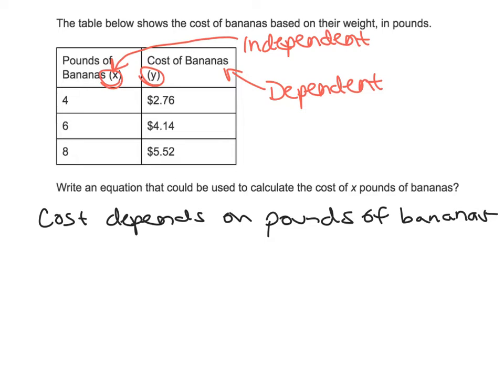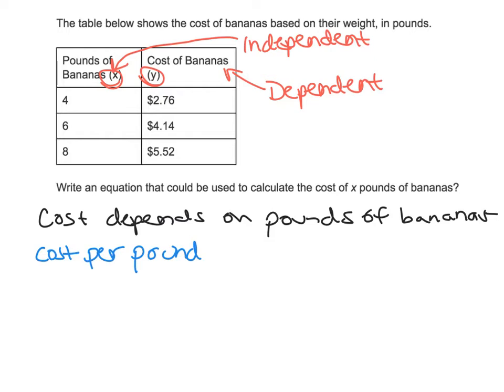If you ever go grocery shopping with your parents, you'll notice that bananas and fruits generally are going to have their cost dependent on the number of pounds that you buy. So there will be a certain cost per pound of bananas. So we can figure out that cost per pound, okay? Note that this is a unit rate that we're dealing with here.